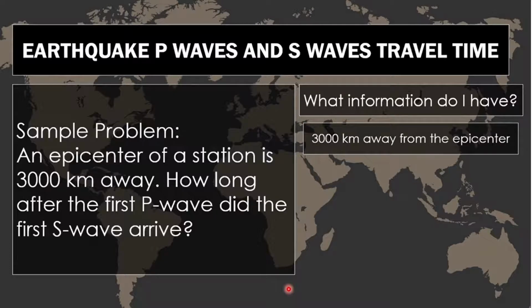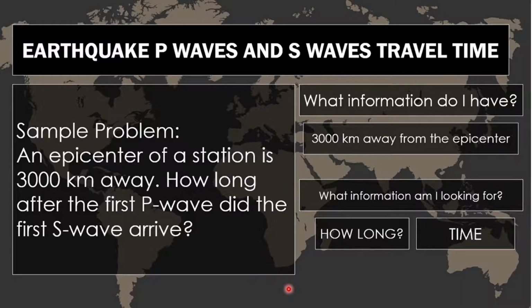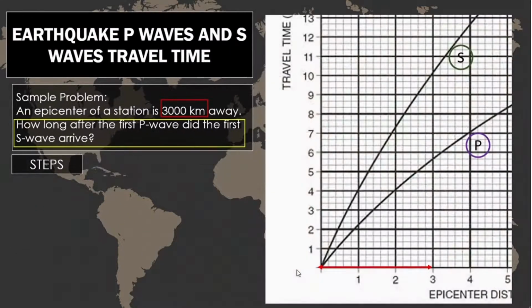Second question. What information am I looking for? The question is, how long after the first P waves did the first S wave arrive? In this problem, we are looking for the travel time difference between P waves and S waves. Here are the steps to find the arrival time of P waves at 3,000 kilometers.